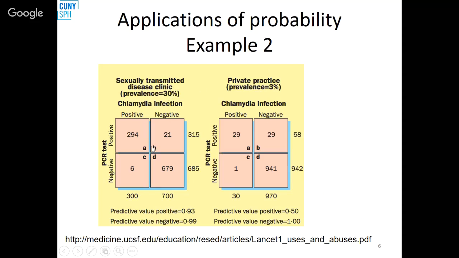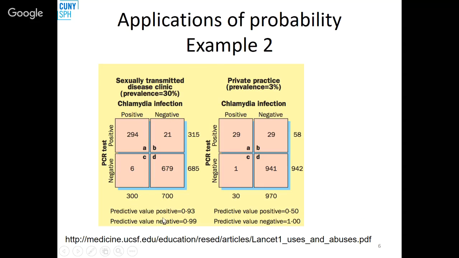But after you receive the test, if you get a positive test, you have a 93% chance of having the infection, only 7% of not having it. And if you receive a negative test, you have only a 1% probability of having the infection and a 99% probability of not. So conditional on the outcome of your test, your probability of having the infection has changed. It depends on whether you received a positive or negative test.